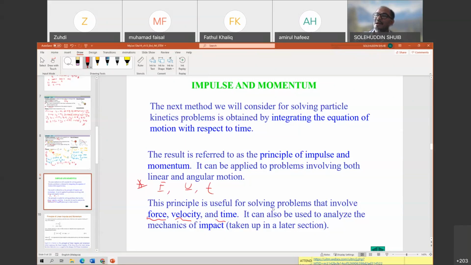If we have these three things, you can use this principle. It can also be used to analyze the mechanics of impact, the topic of impact. But for this session, I don't think we will cover the impact. We are going to come to the impact later.